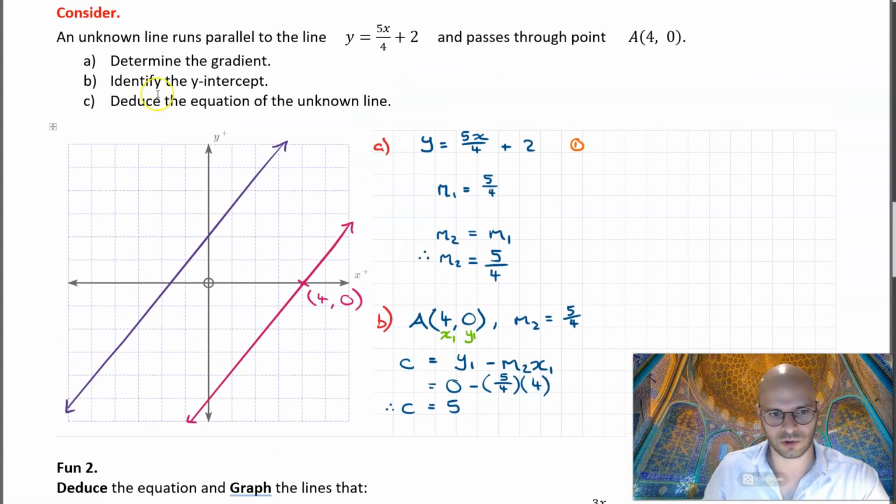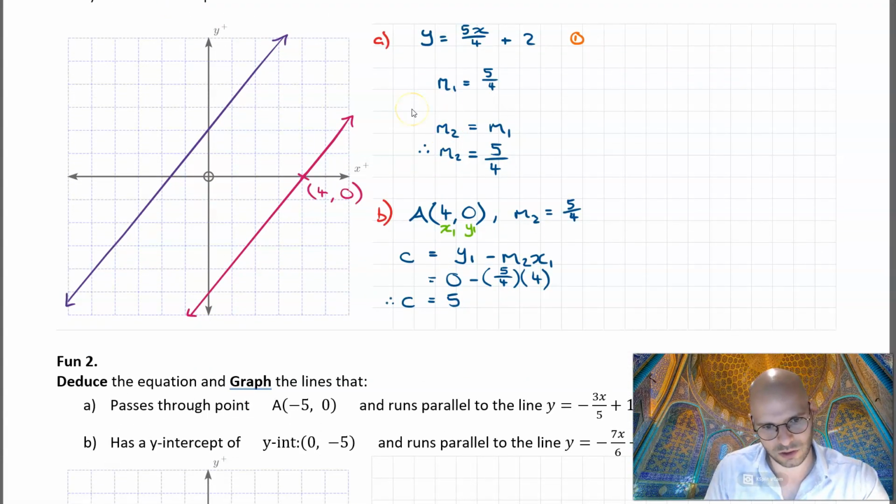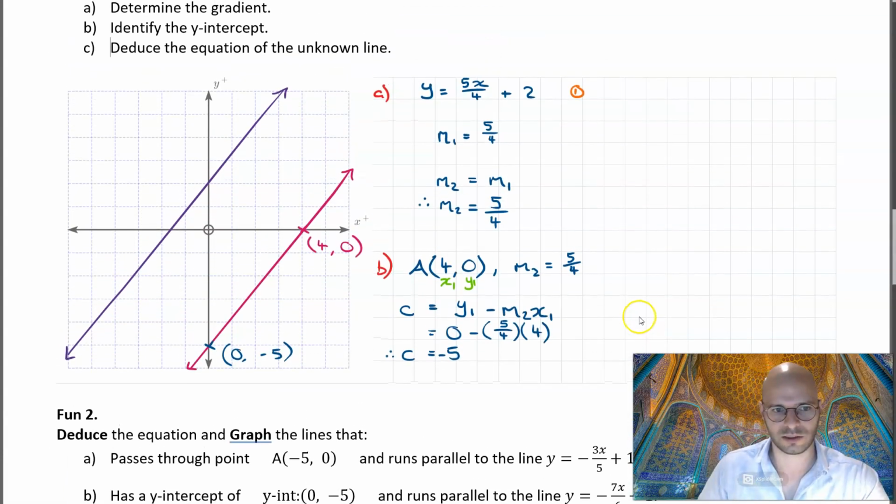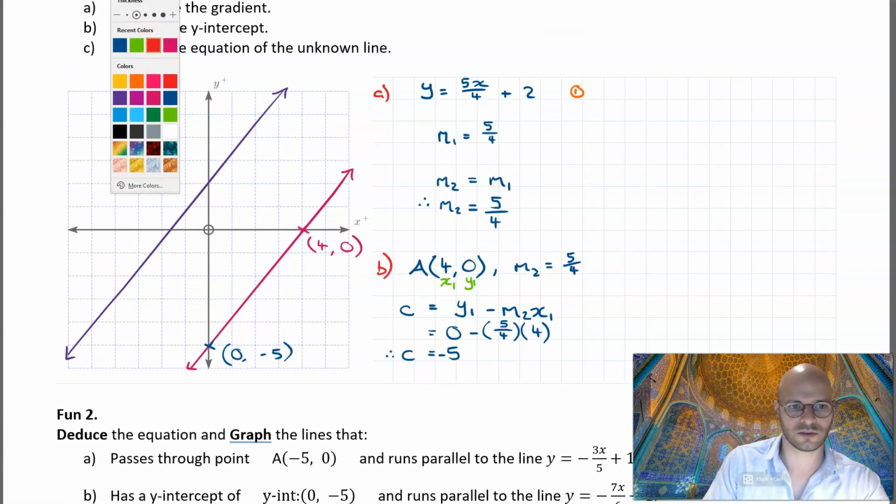So what we've been able to determine is the y-intercept. So that's at, sorry, -5. Yep, (0, -5). And now what we have is all the information we require to deduce the equation of this line.